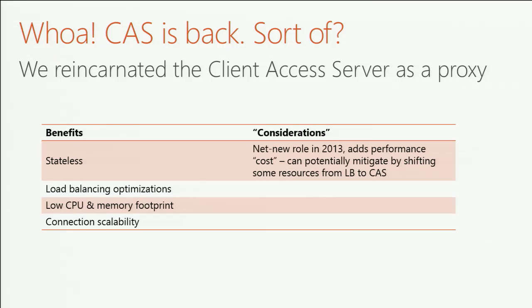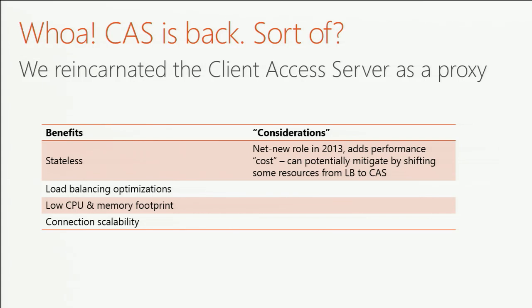And there's a number of benefits to that. You could think of it as being the component that's responsible for ensuring that connections get to the right place. In 2010, that was your load balancer, right? We realized fairly late in the game that we had a very hard dependency on load balancers in 2010 to make sure that session affinity worked properly and that connections got to the right place.